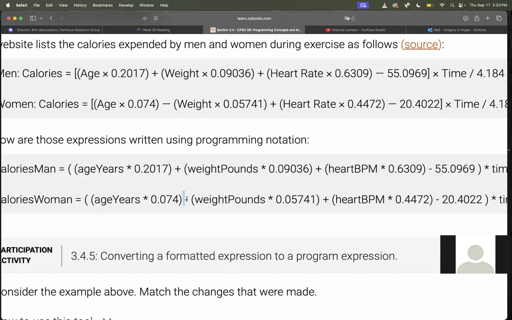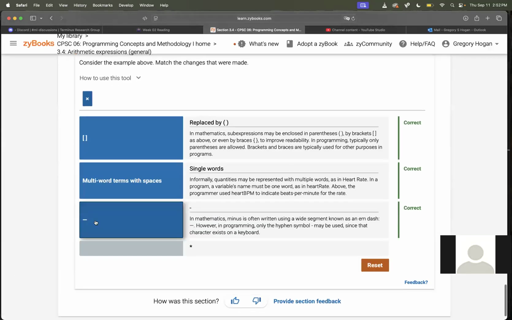This one down here is the minus sign we use in Java. If you copy paste this into Java, it'll probably look right to you, but your program will fail and you won't know why. So be careful. It's kind of a look-alike. It looks like a minus sign, but it's not a minus sign. It's just a different kind of dash. So replace the dash with a minus sign is what they're saying.